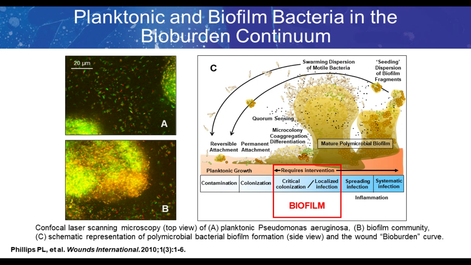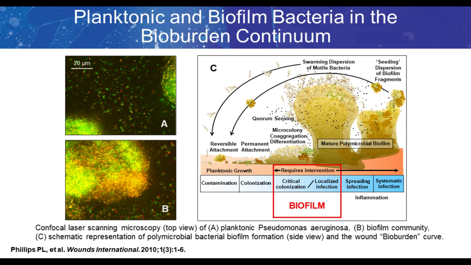And the biofilm is able, as you'll see, to survive exposure to these types of antimicrobials, and eventually they can produce enough mass and enough planktonic bacteria that they will cause true spreading or systemic infection, and that's basically sepsis.